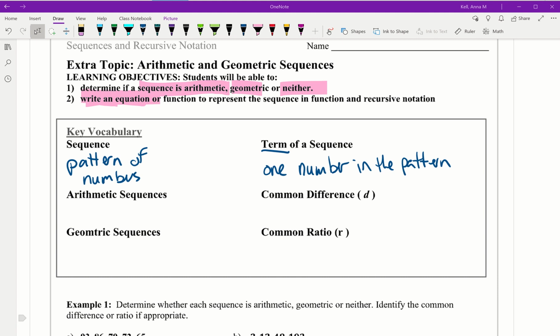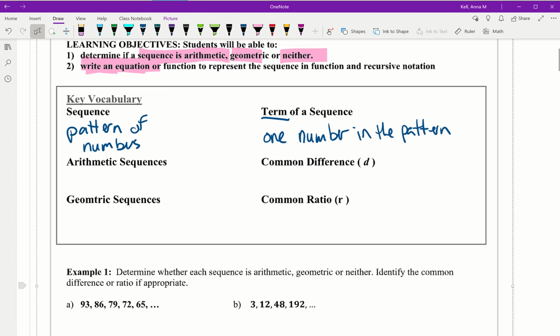Arithmetic and geometric sequences are useful because we can predict, like, what is the thousandth number in this pattern going to be, and we don't have to sit there and calculate one at a time. We can just jump right to it and calculate whatever number we're interested in.